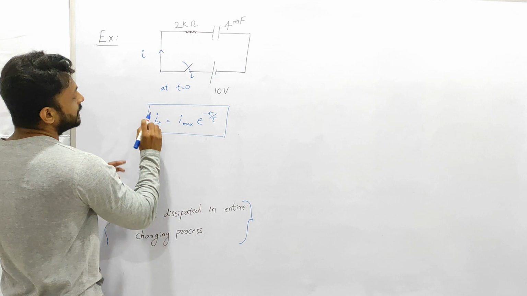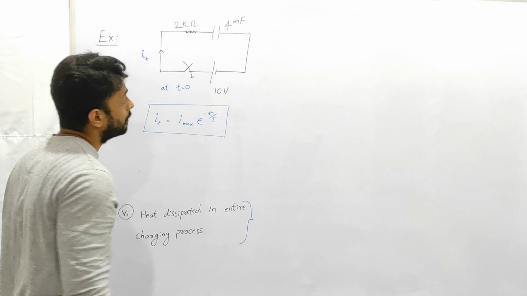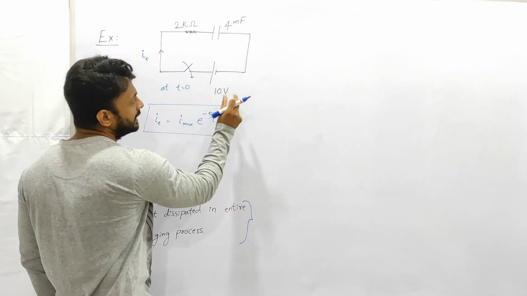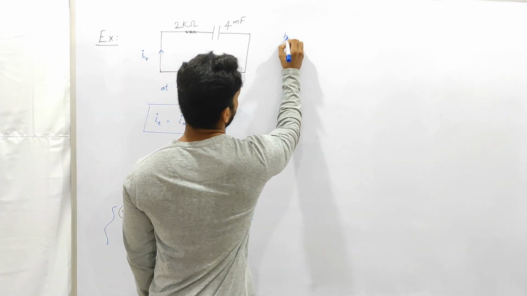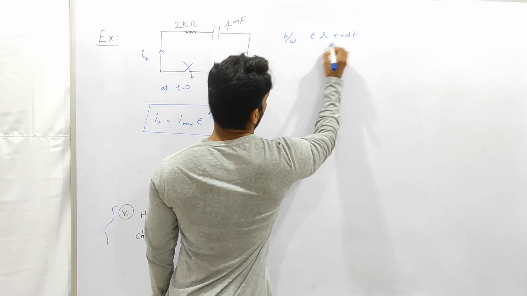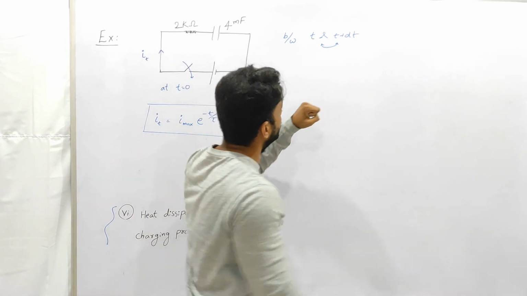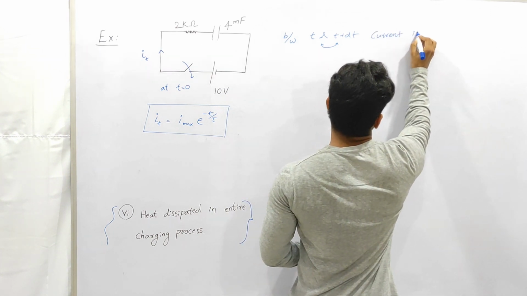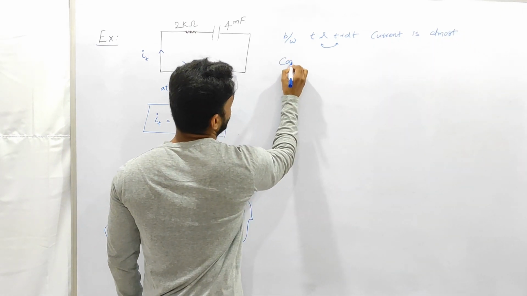So here what I do is at any time t, the current in the circuit is I t. And I assume between t and t plus dt time interval the current is almost constant, and that is I t. So the first assumption that we make is that between t and t plus dt, over a time dt here, current is almost constant.